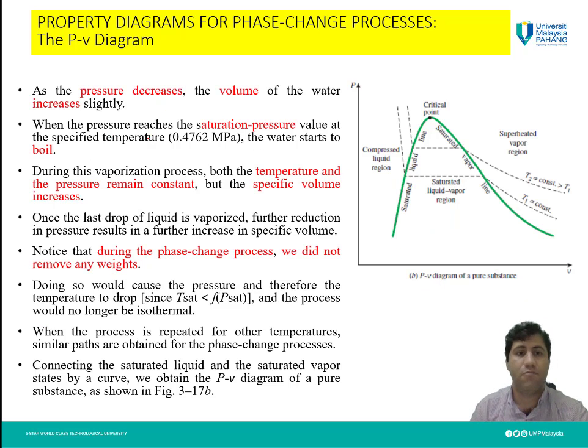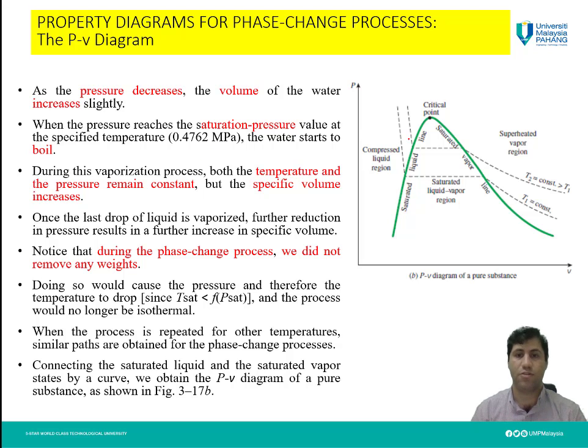When the pressure reaches the saturation pressure value at the specified temperature, the water starts to boil. If you remember, we had the saturation pressure for each temperature, and it is the pressure when the phase changing will start. So the temperature is constant, but the pressure is decreasing. When the pressure is decreasing, it is gradually reaching the saturation pressure.